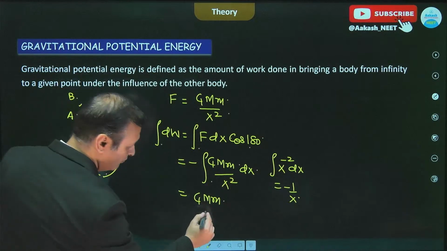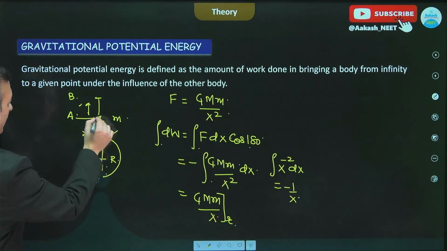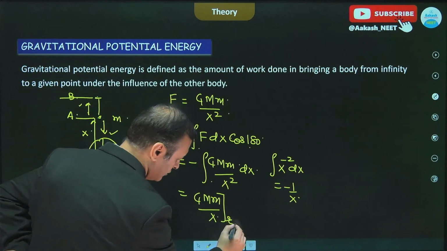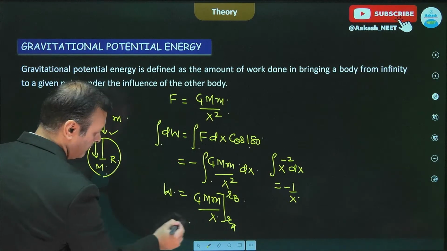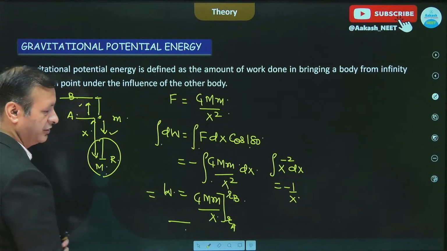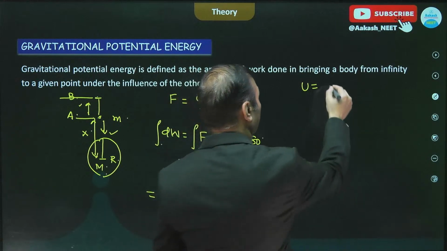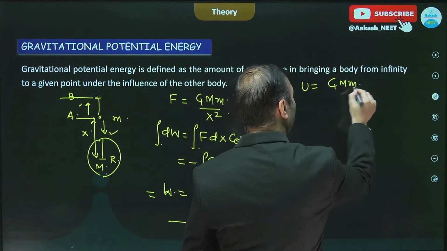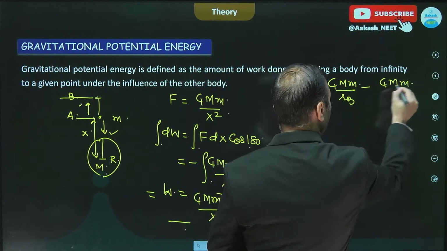So this minus minus will give you plus, and this is the value from position A to position B. It is the work done against this gravitational force, that is basically stored as potential energy. And when you define this work done, this is GMm by rB minus GMm by rA.